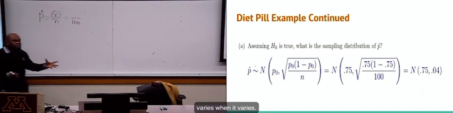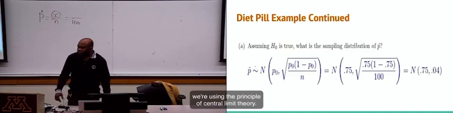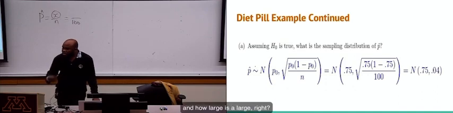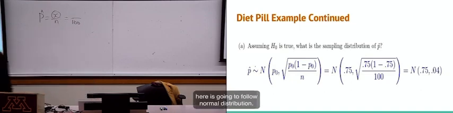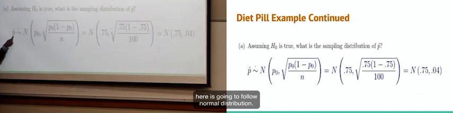And when it varies, I told you the other time, we're using the principle of the central limit theorem, provided we choose a sufficiently large sample. And how large is large? At least 30, we're actually going to realize that this guy here is going to follow a normal distribution.